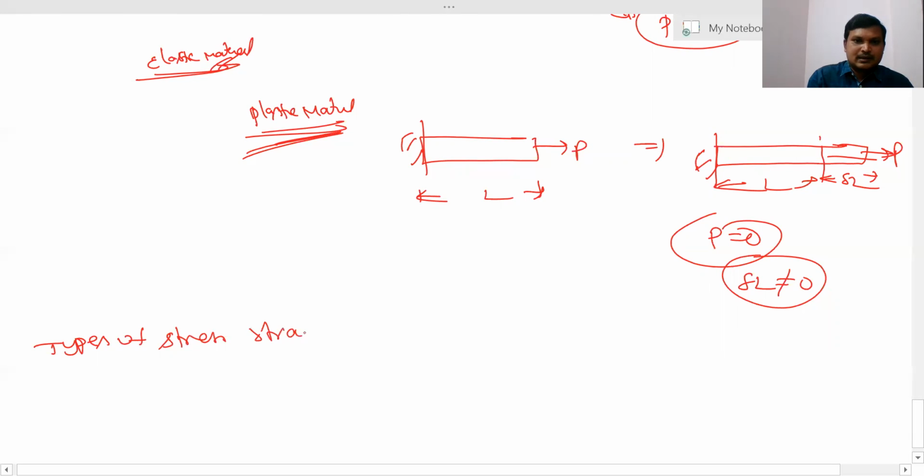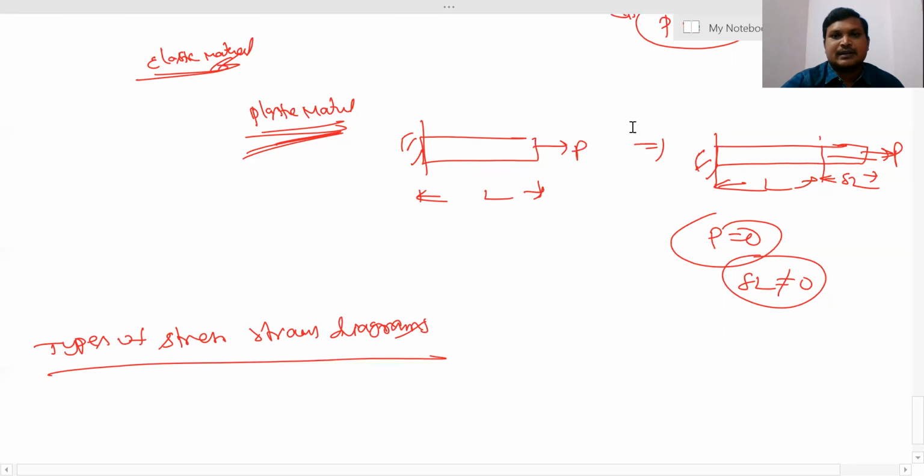Now the next topic is types of stress strain diagrams.